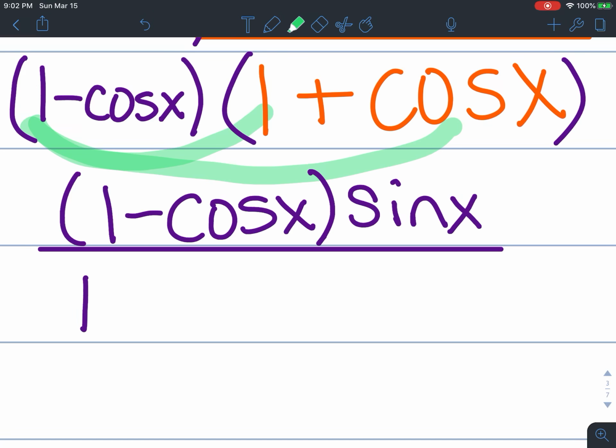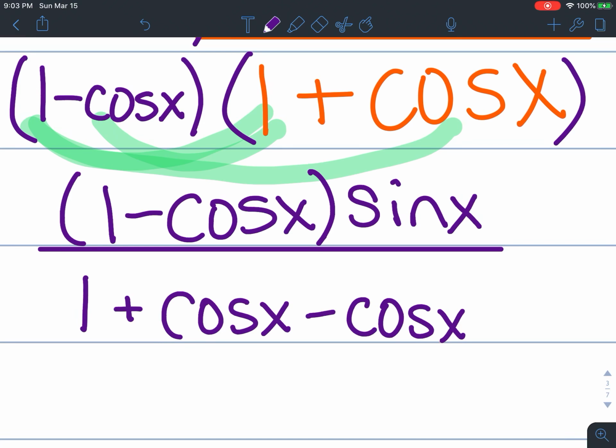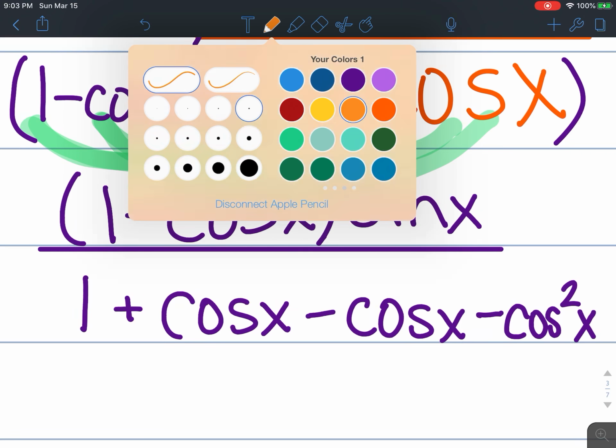I would get 1 times cosine x, which is cosine x. I would get negative cosine x times 1, which is negative cosine x. And finally, I would get negative cosine x times positive cosine x, which is negative cosine squared x.